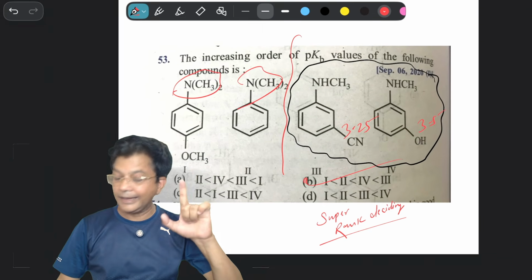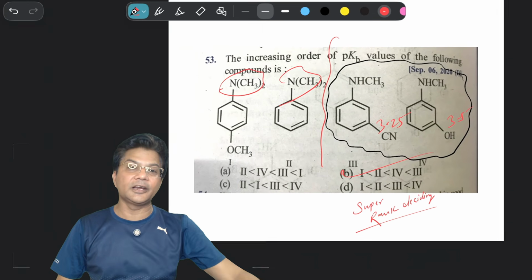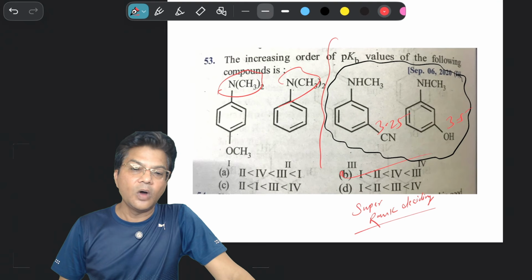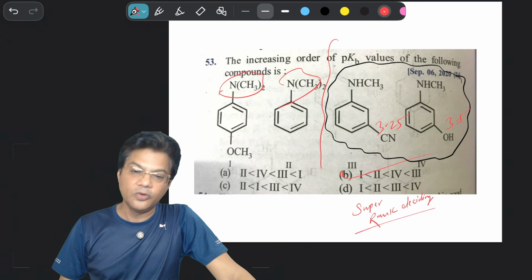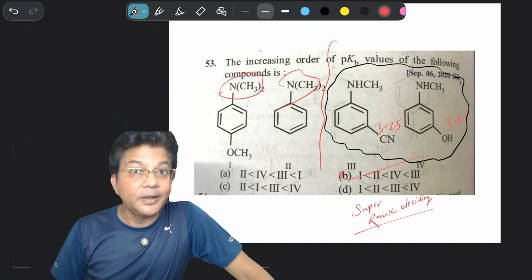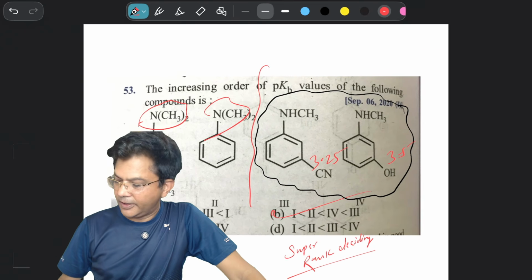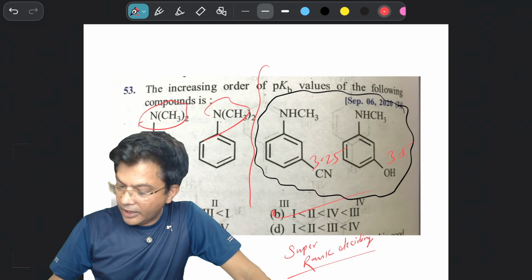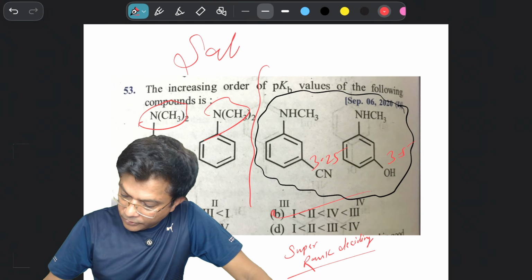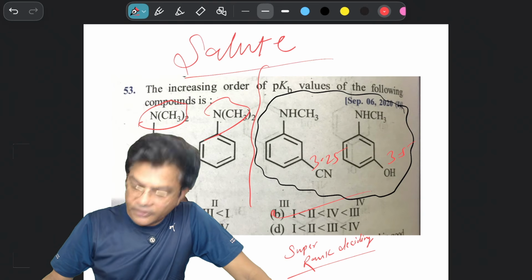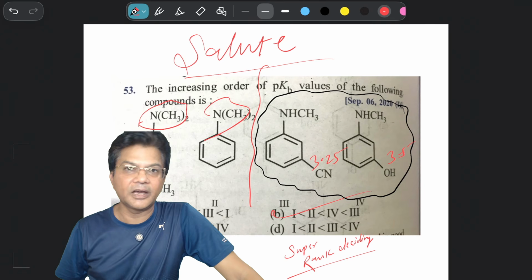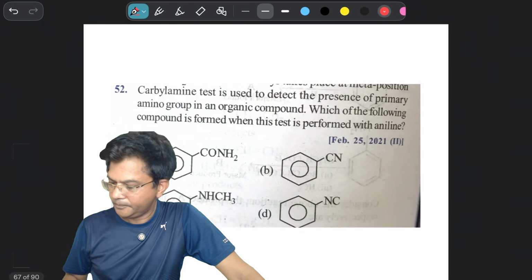Killer question. Is it clear, kids? Wow. From meta only minus I will operate. Mesomeric effect will not operate. Fantastic. Salute to this question. If this question is going to be asked, maximum people will fail.